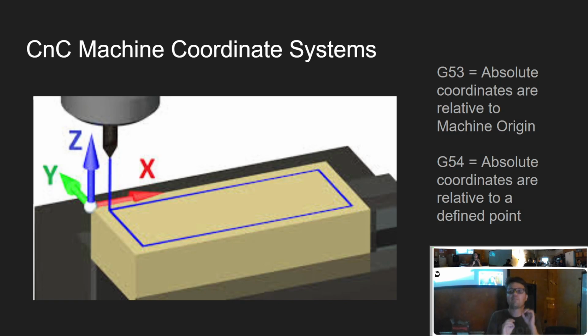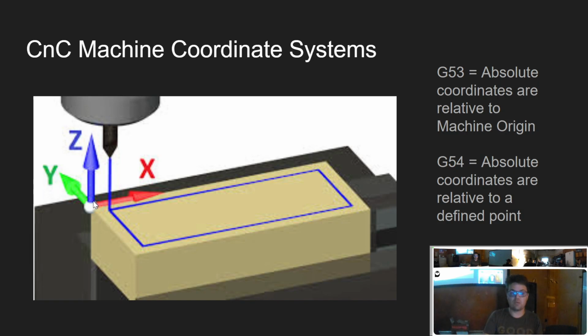So the pretty much universal standard for how everyone writes G-code nowadays is using what's referred to as G54, or workpiece coordinates. What we're going to do is place a coordinate system that we're going to call our G54 coordinate system somewhere in space that is usually attached to the piece of stock material that we're going to be cutting down.